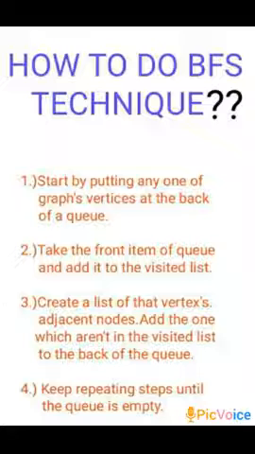That means the first source node that you have selected is enqueued into the queue and then dequeued, and its adjacents are enqueued in the queue, and one of its adjacents is dequeued from the queue, and the dequeued element's adjacents are again added, and one element is dequeued and its adjacents are again added. This process is repeated, and we stop this process only when we get an empty queue.